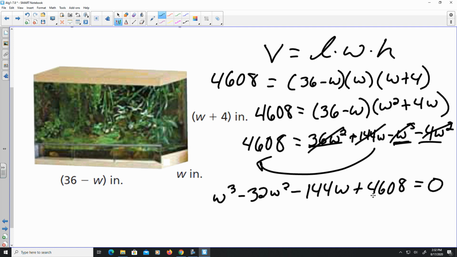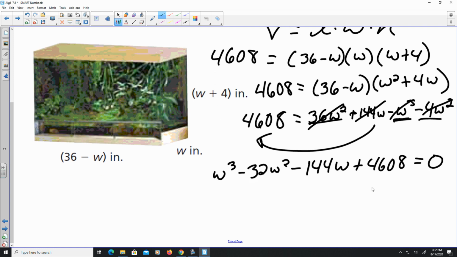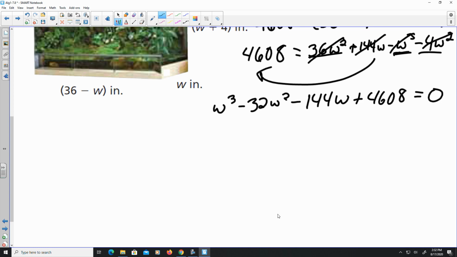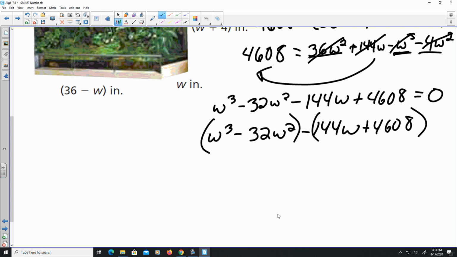All right. We'll see if I get the right values. Because it's 4 terms, we got to group it. It's in standard form, but regardless, I like to rewrite it. I'll just leave the 0 and I'll solve it after I factor it. So group it up. So this turns into W squared times W minus 32.